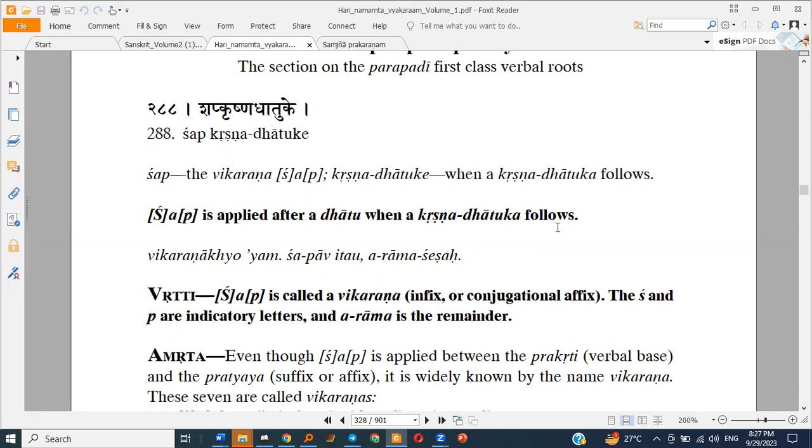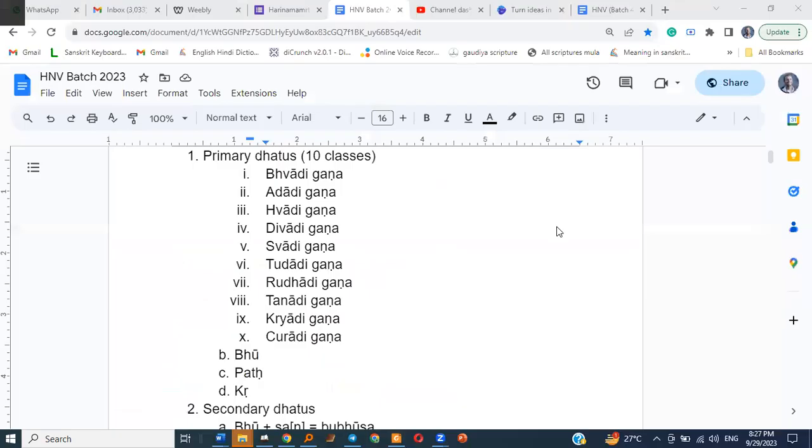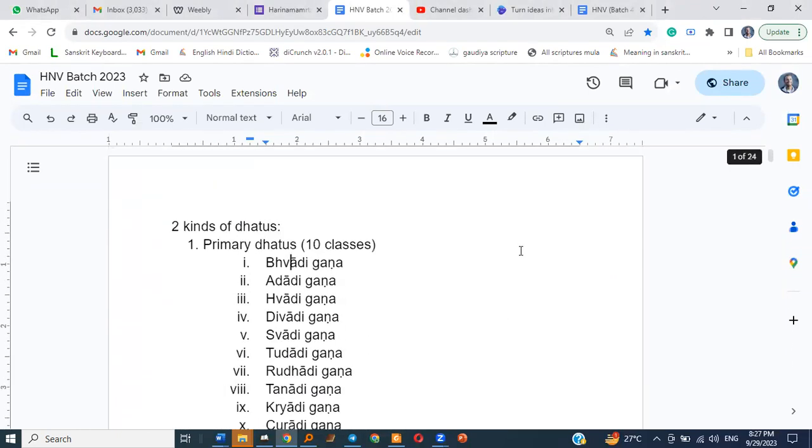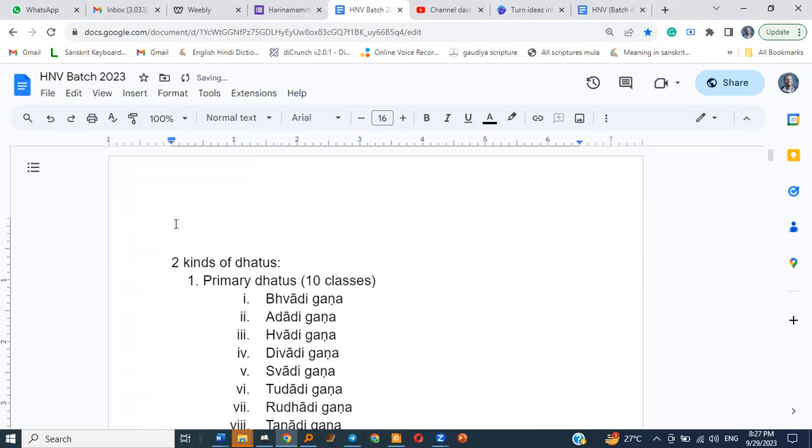So if we have a dhatu and a Krishna Dhatuka, for example, we have this dhatu Bhu, okay? And the very first pratyaya is the Achyuta one, tip. So Bhu is the dhatu and tip belongs to Achyuta, thus it is a Krishna Dhatuka pratyaya, right?